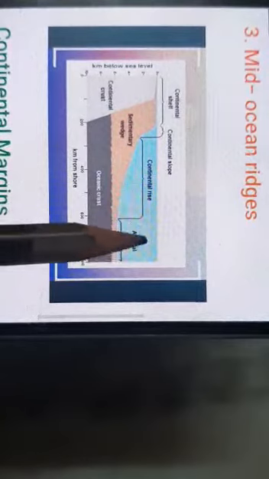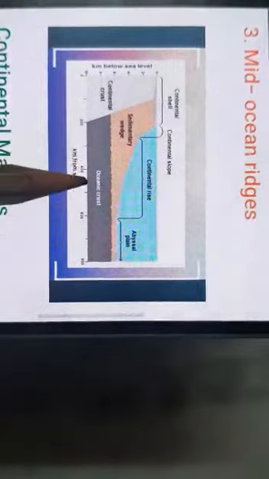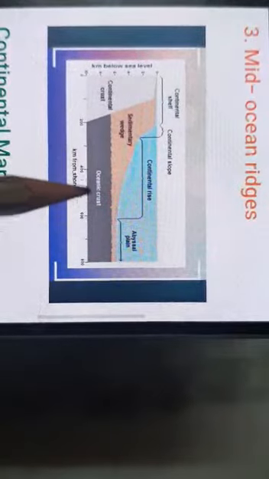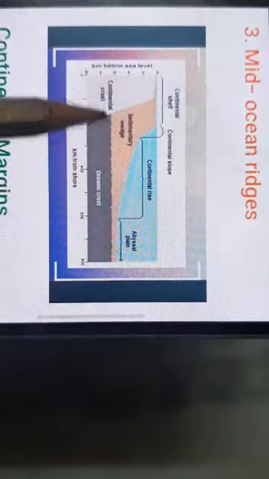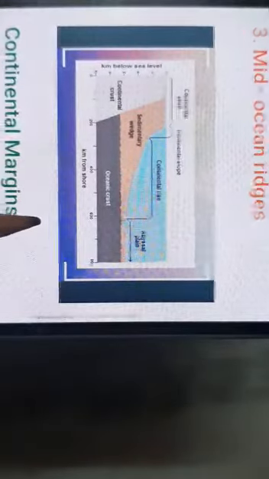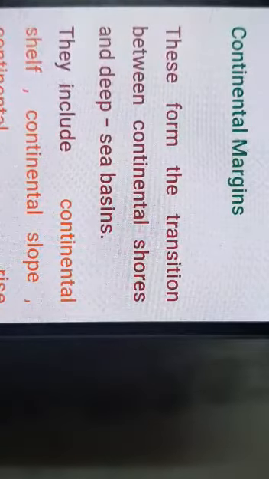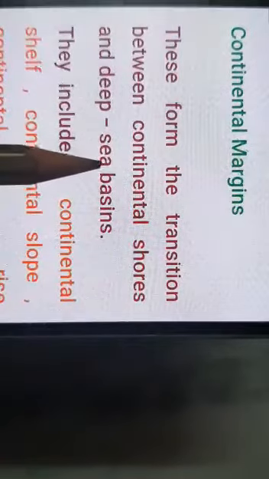there is an abyssal plain. You can see there are abyssal plains. So this is basically oceanic crust, and this is attached with the continent area also. So the first is the continent margins. These form the transition between the continent shore and the deep sea basins.